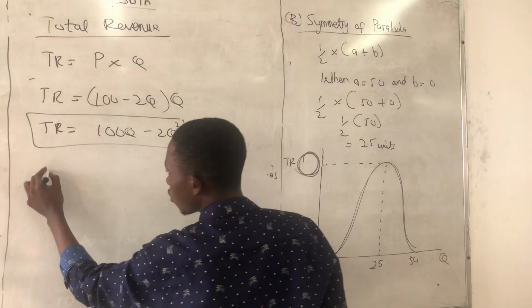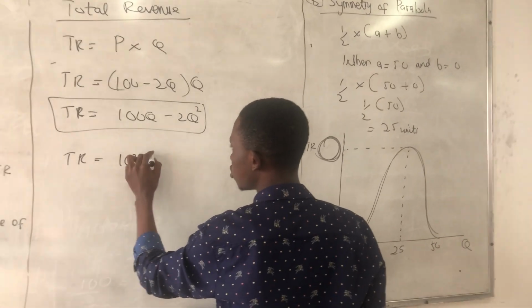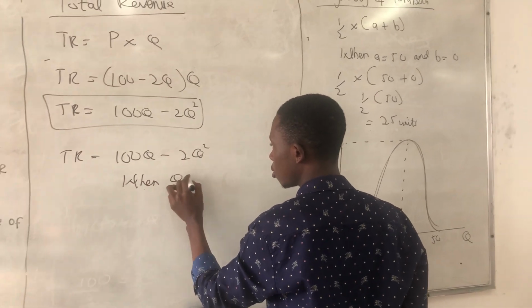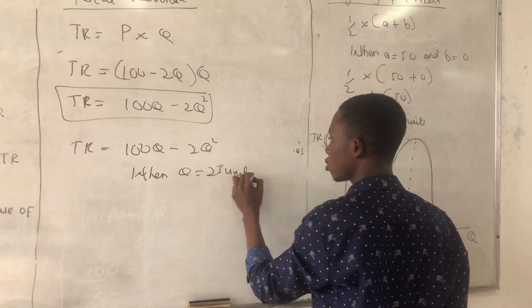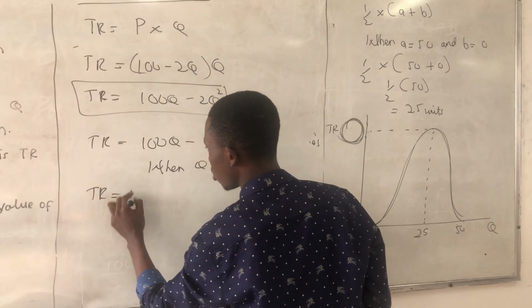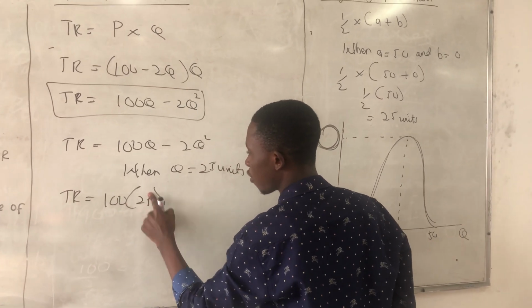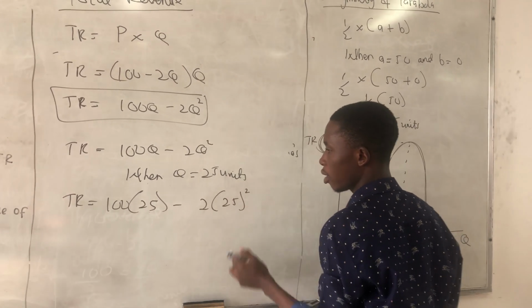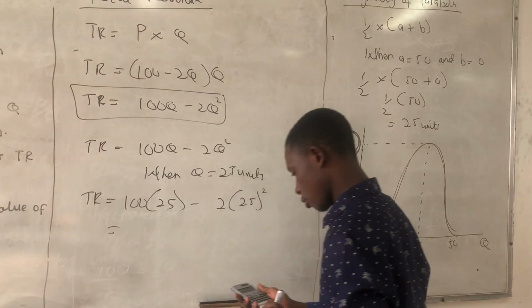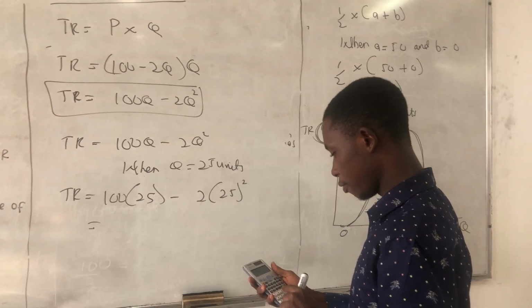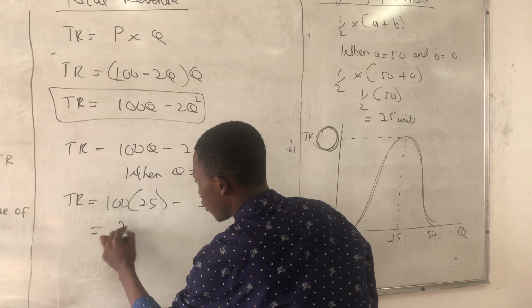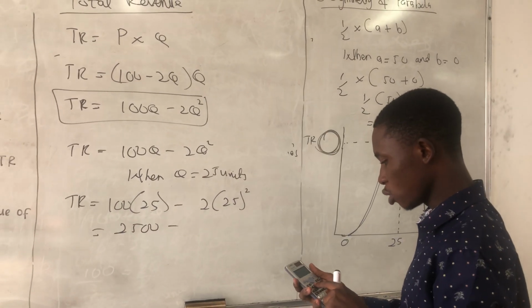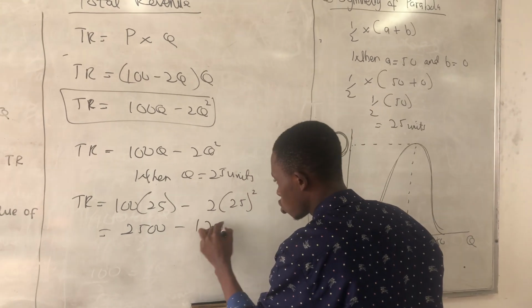So total revenue is 100Q minus 2Q squared. When Q is 25 units, we have 100 times 25 minus 2 times 25 squared. 100 times 25 is 2,500. 2 times 25 squared is 1,250.